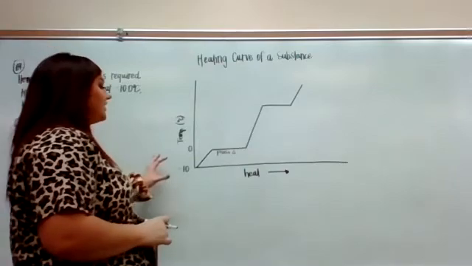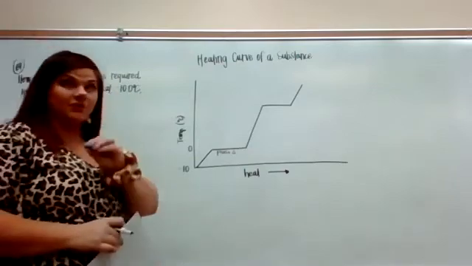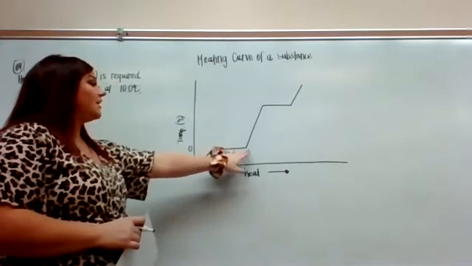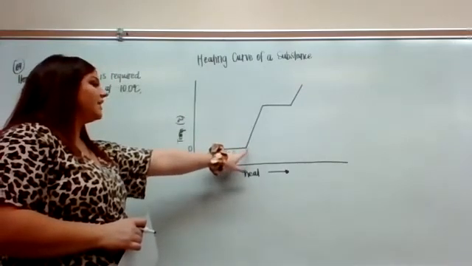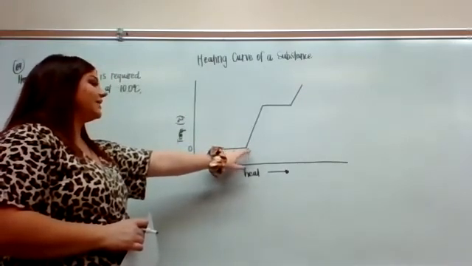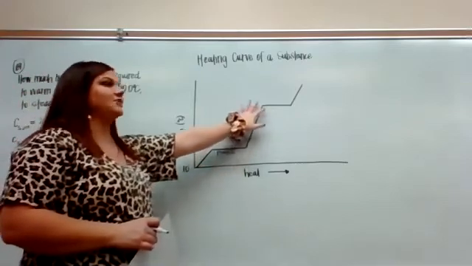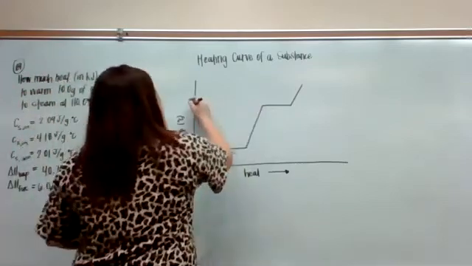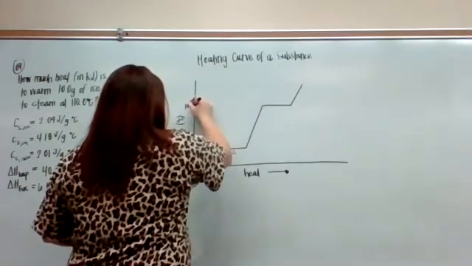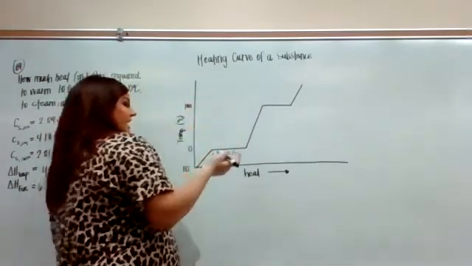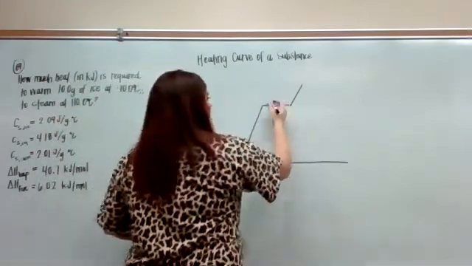Once I have converted all of my ice to liquid, I keep supplying heat. Once it's all been converted, then my temperature will begin to rise again until I get to 100 degrees Celsius, which is what water boils at. So then I flatline again.